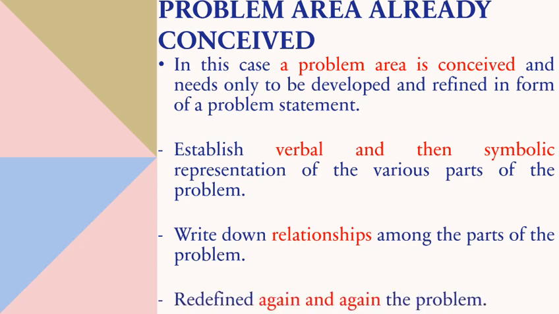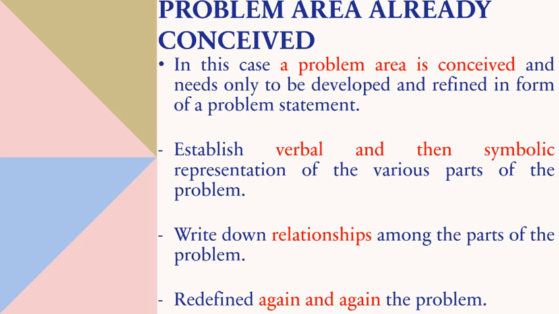Then also, it is important to redefine again and again the problem. As you think through the problem and get more information, you'll find that you will need to refine again and again the research problem. So when you have a research problem statement, it is something that you continue revising as you move on to the other steps of the research process.